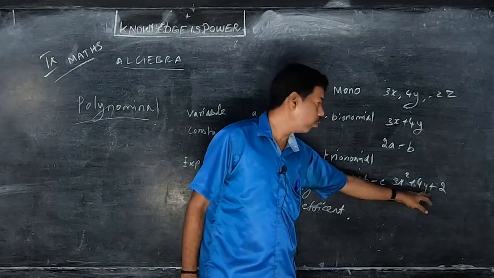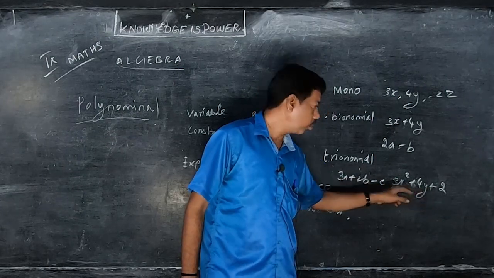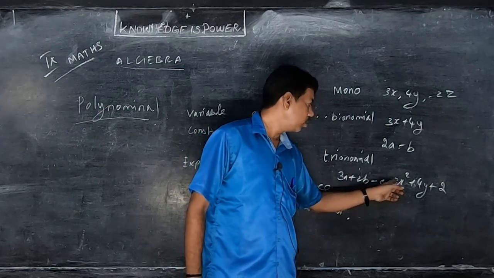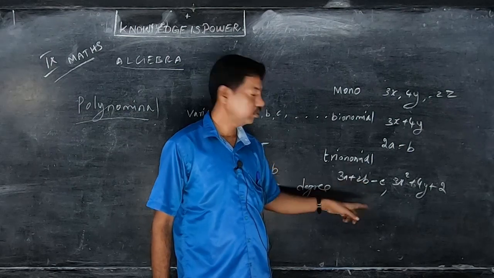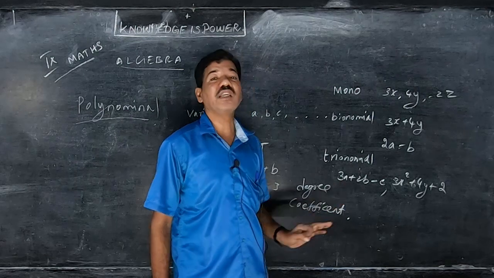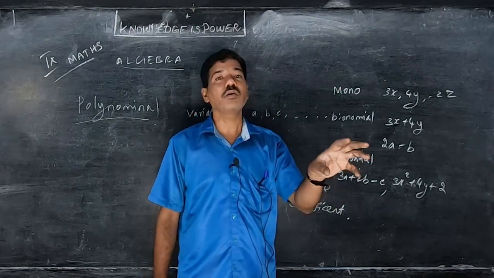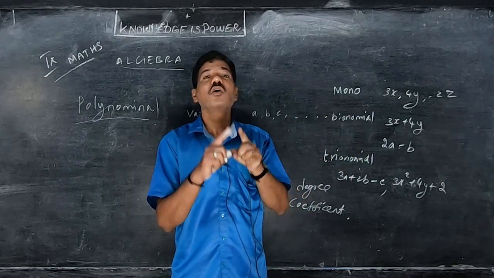The coefficient of y, y க்கு முன்னாடி 4. The coefficient of x square, 3. The coefficient of b, 2. The coefficient of a here, 3. எதை கேட்குறாங்களோ அதுக்கு முன்னாடி இருப்பது எல்லாம் சேர்ந்து தான் coefficient.